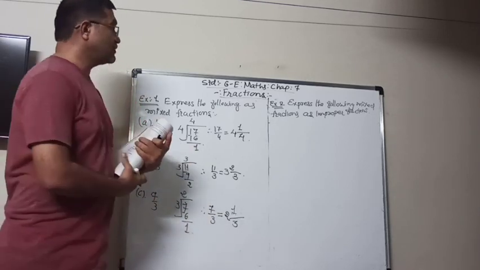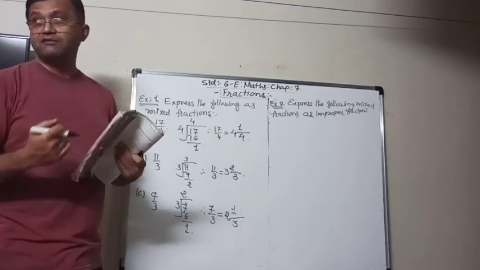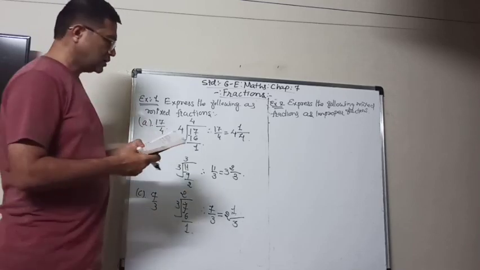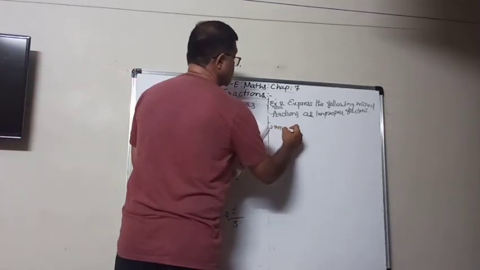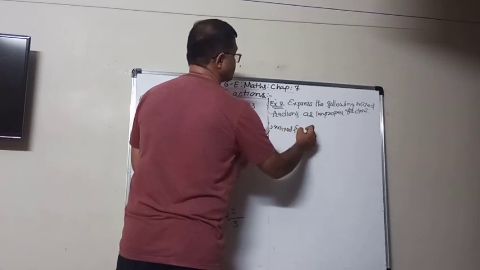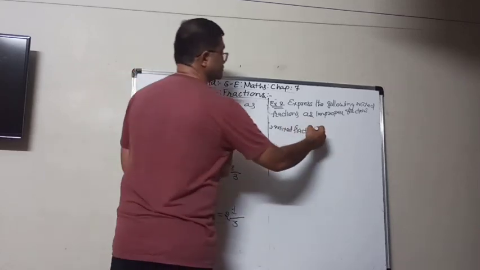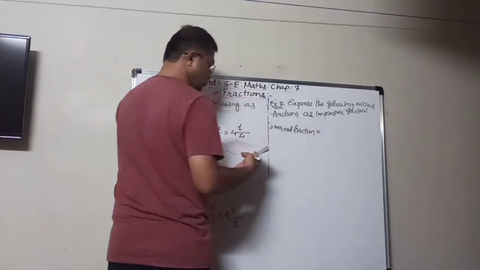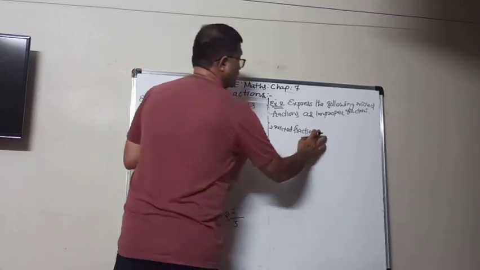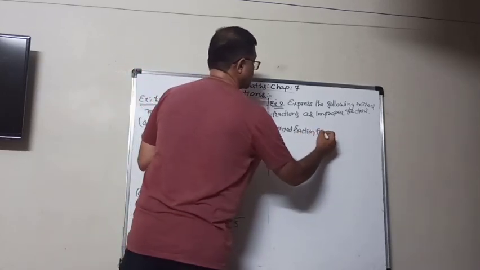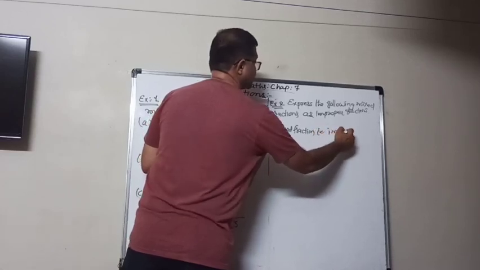that first of all I will write down a method, then we will start. So here mixed fraction is equal to, from mixed fraction to improper fraction.